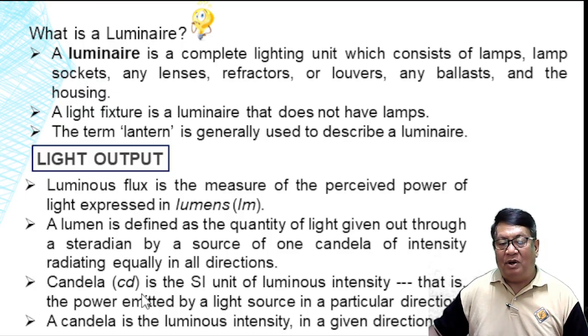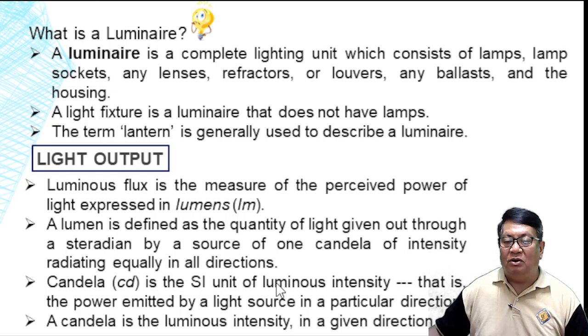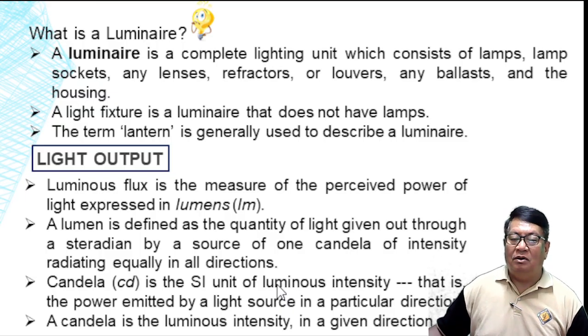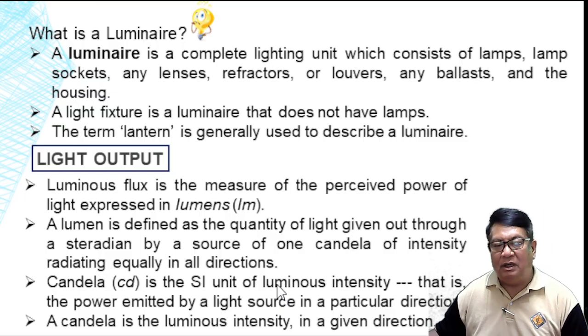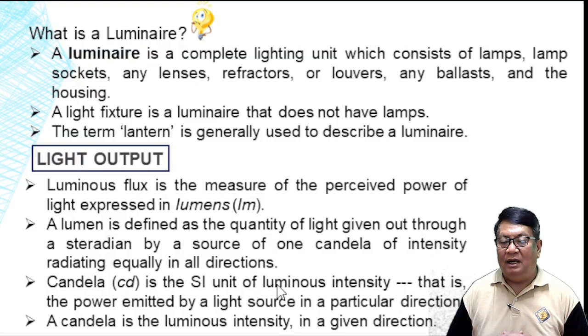We mentioned candela: it is the international standard unit of luminous intensity, the power emitted by a light source, a lamp or a bulb, in a particular direction. Candela is the luminous intensity in a given direction.